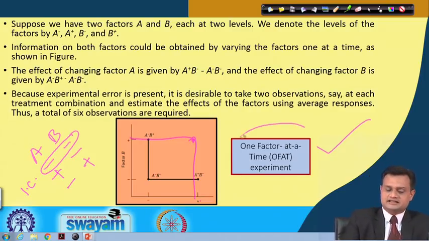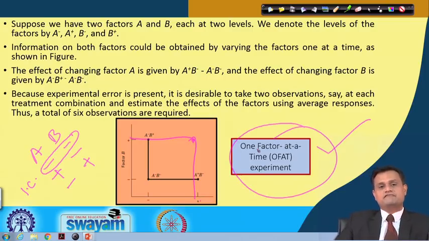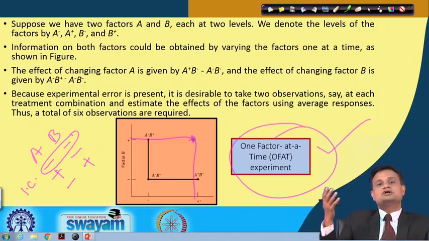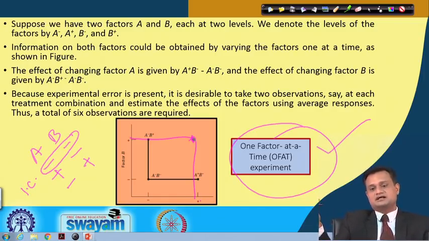So when I conduct the experiment one factor at a time, I am missing this particular point, and this is the additional information I get when I conduct the factorial experimentation, when I am allowing the factors to be changed simultaneously, and there is nothing like keeping a particular factor constant at the initial condition.